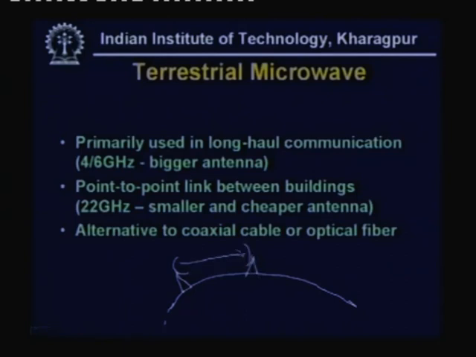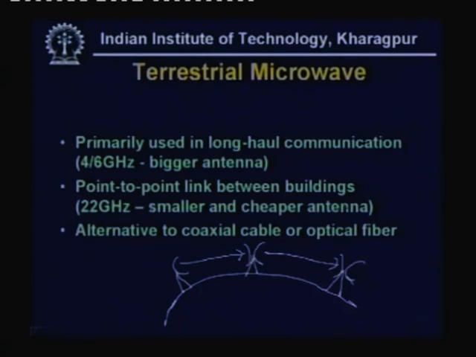After receiving, it will do the amplification and transmit to another antenna. In this way a cascade of antennas can be used one after the other to send a signal over a long distance.